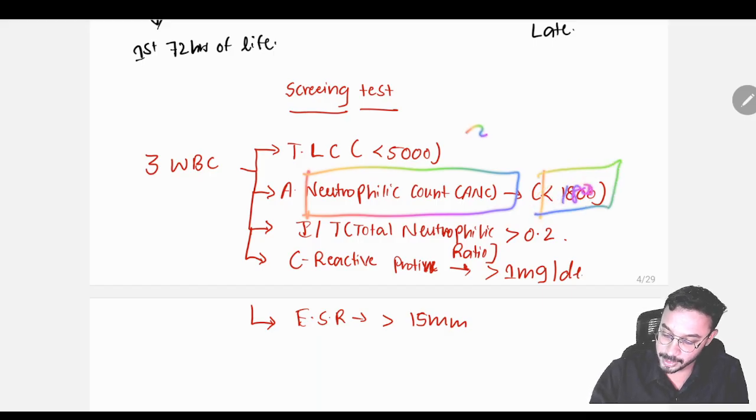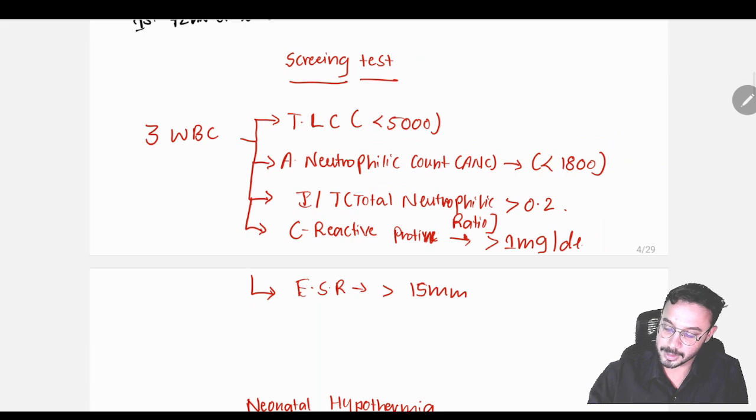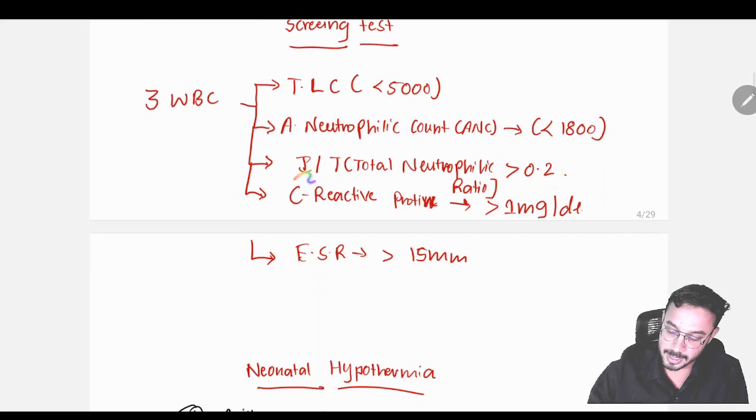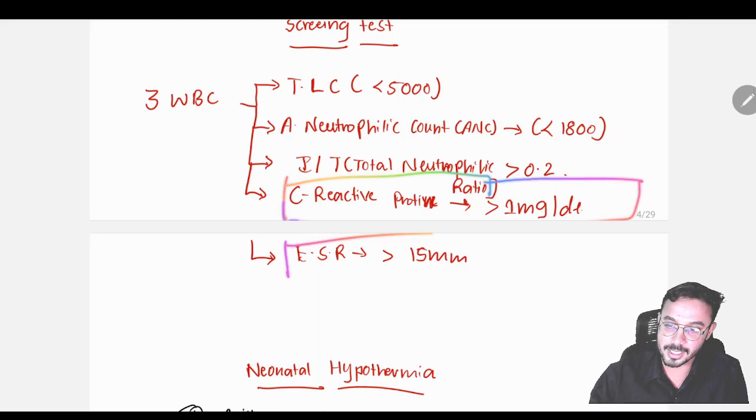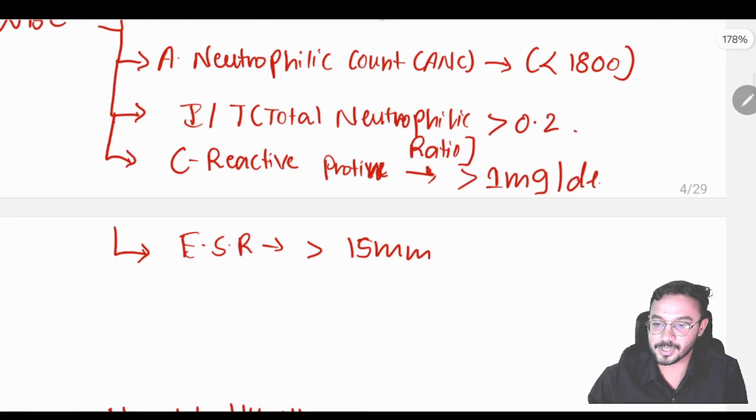Here less than 5000 and here less than 1800. And the IT ratio, the immature to total neutrophil ratio, is greater than 0.2, and CRP, C-reactive protein, is greater than 1 mg per dl, and the ESR value is greater than 15 mm.